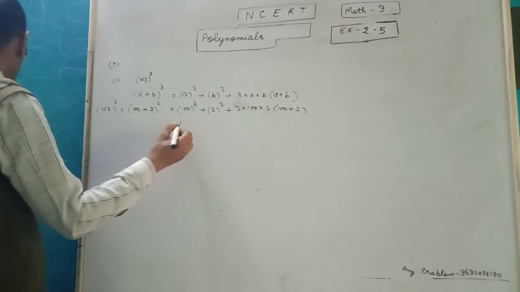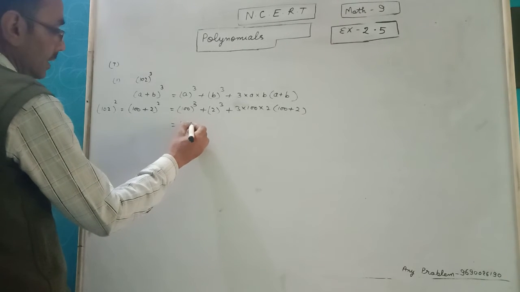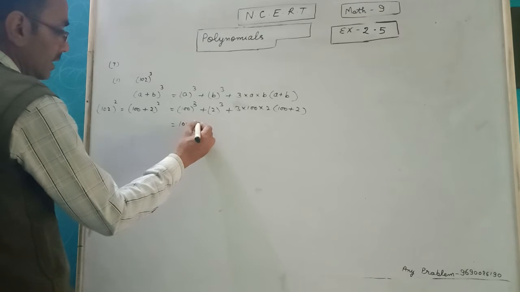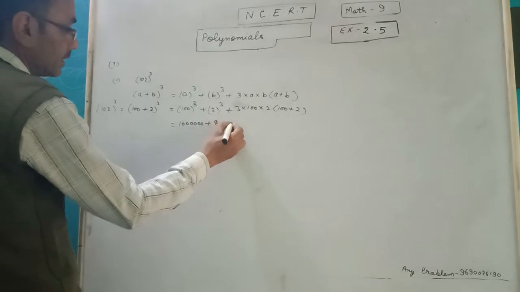100 multiplied by 100 into 100 is 1,000,000. 2 cube is 8.